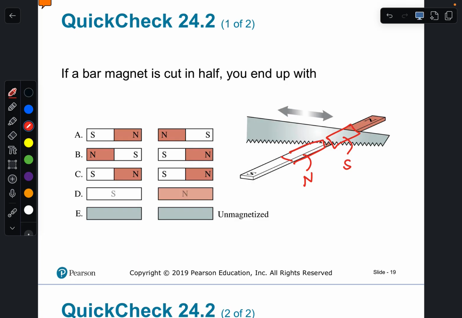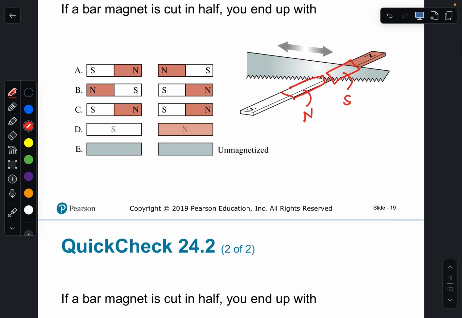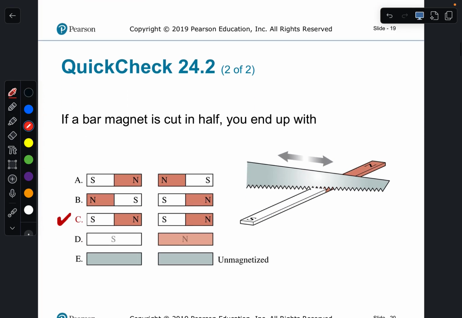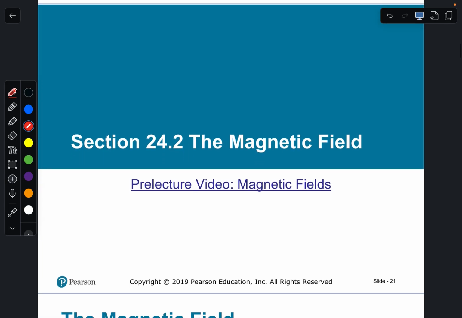Because when I cut it in half, what I'm creating is another bar magnet. North on this side, south on that side. Okay, creating another bar magnet. So those are our observations.